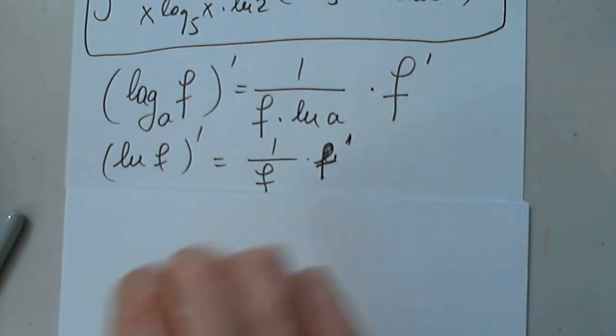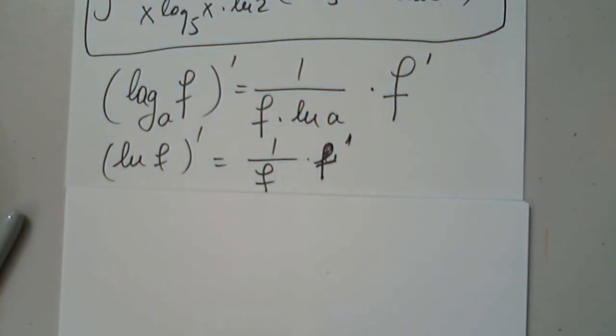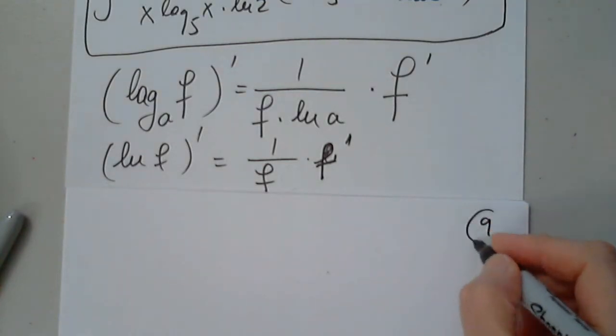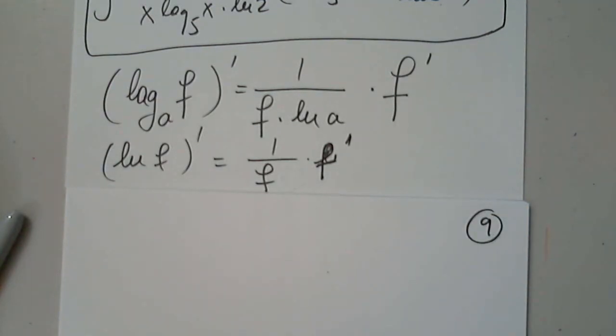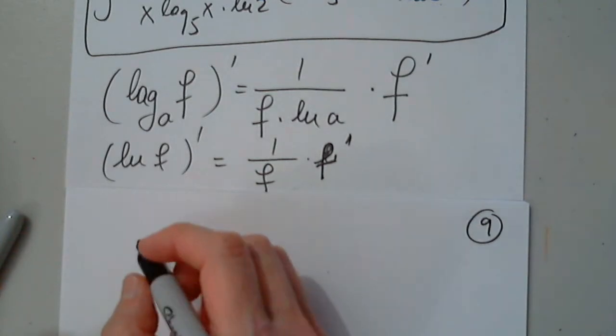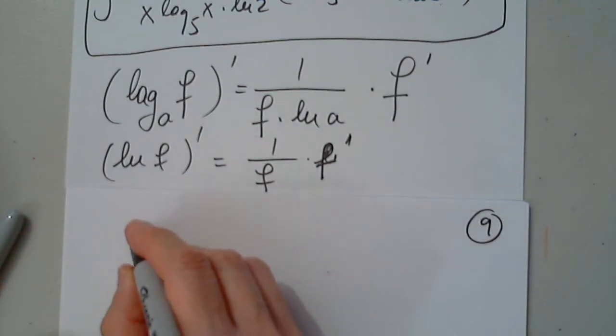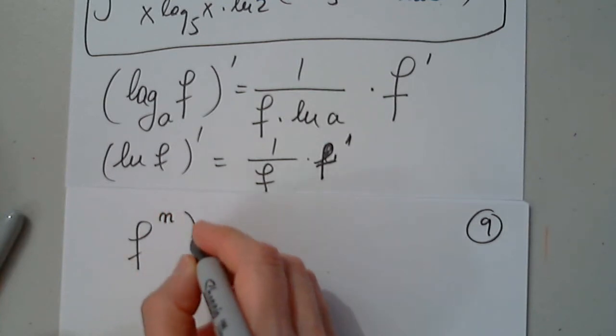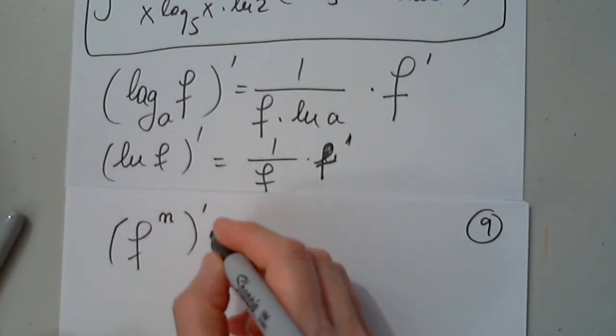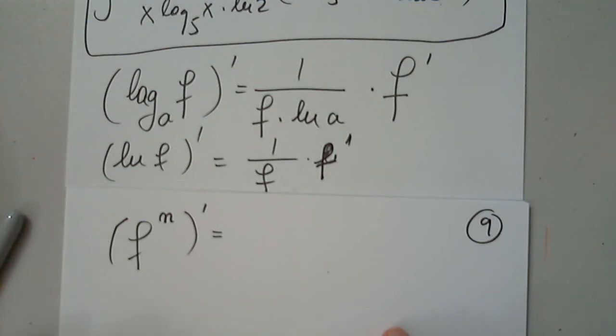Now the next topic is extremely important. Very, very, very important. So when we differentiate a function to power n, can anyone refresh our memory on this rule? Any function to a power. How do we differentiate that?